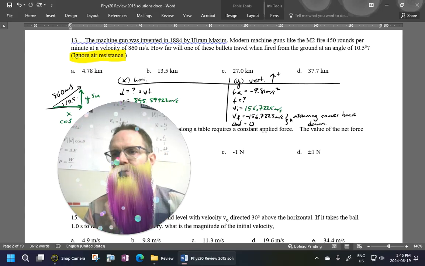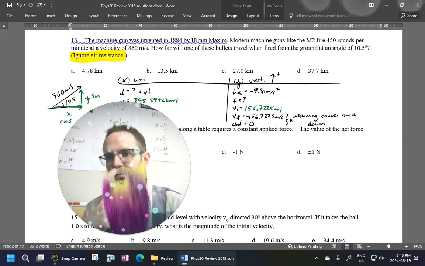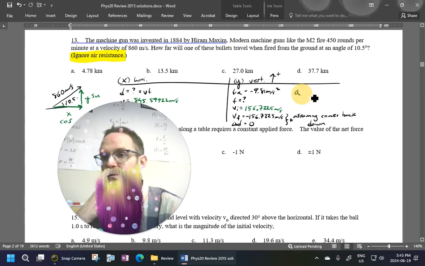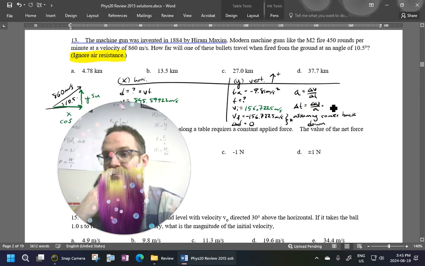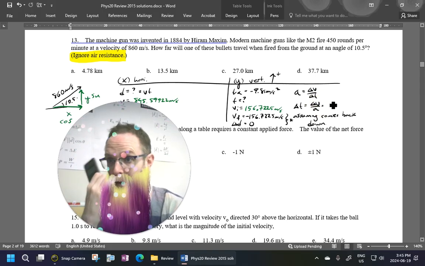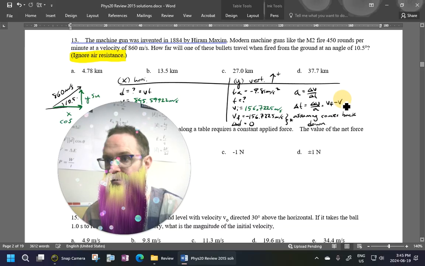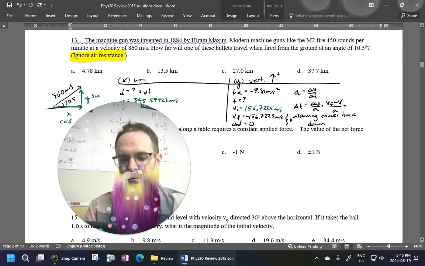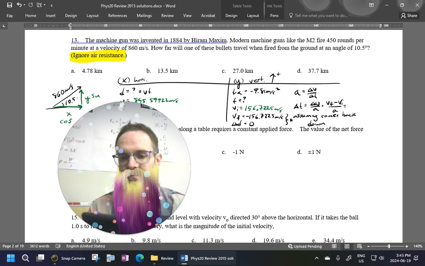So now, out of those, we have lots of different choices here, but because I have the VI and VF, and I'm looking for the T, I'm probably going to want to use this delta V over delta T formula. Solve for time, so that's delta V over A, but remember that's final minus initial, over A. Okay, let me just do this math again. 860 times sine 10.5.